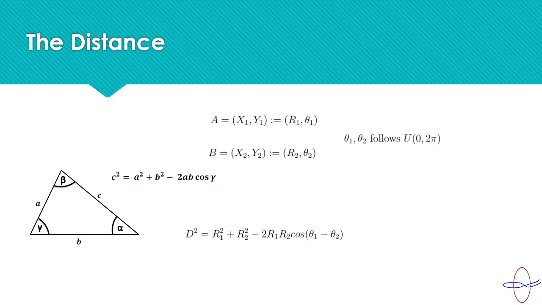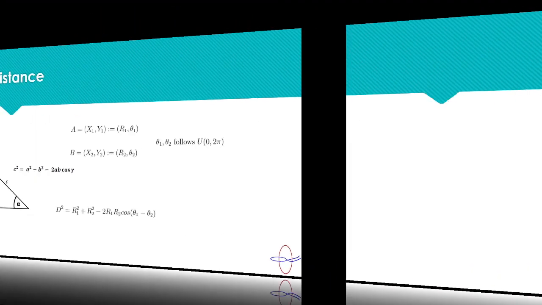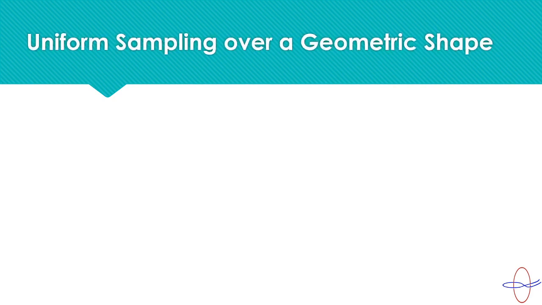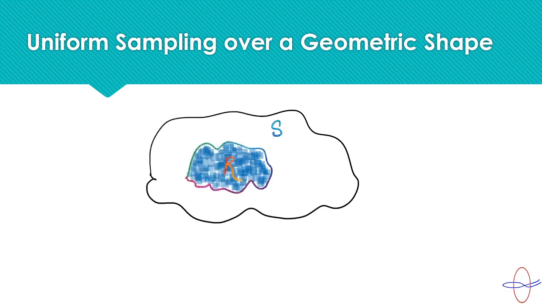So the next step is to find the distribution of the radius, r1 and r2. And to do that, we need to understand the idea of uniform sampling over a geometric shape. So what is this? You have a bigger region called S, and you are selecting a smaller region R. The probability of selecting the smaller region is equal to the area of the region R divided by the total area.